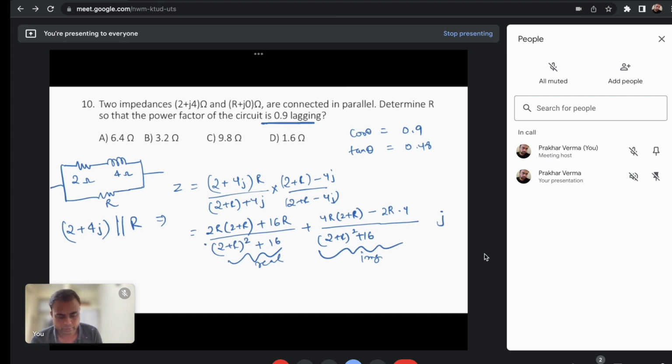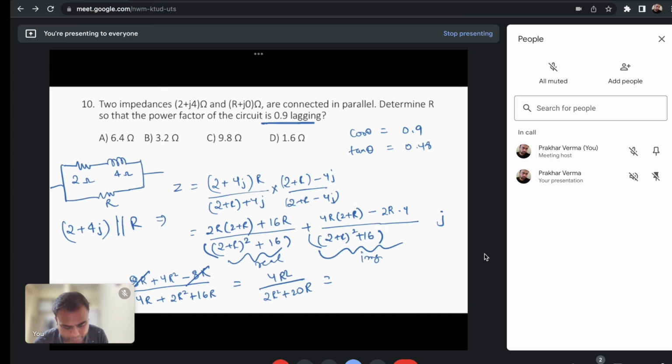The denominator part is going to get cancelled, so we're interested in the numerator part, that is 8R plus 4R square minus 8R divided by 4R plus 2R square plus 16R. 8R goes out, 4R square above, 2R square plus 20R.